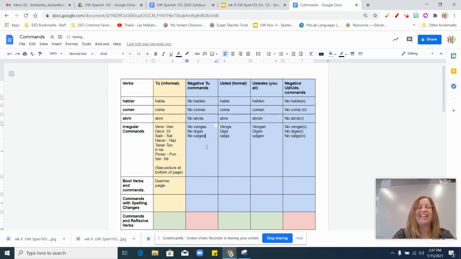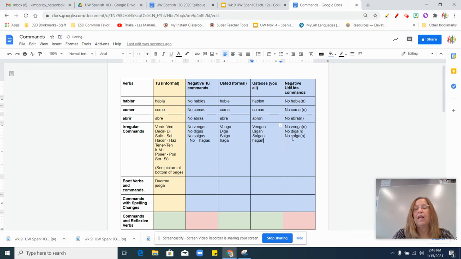All right. Here's another one. Hacer in the yo form is hago. Take off the o, add the opposite ending, as, because it's an ER verb. So it's no hagas. And then it's haga. Hagan.